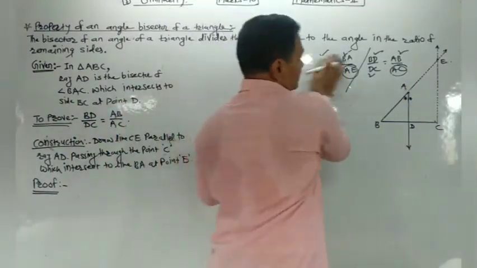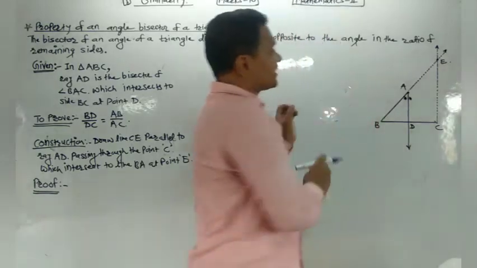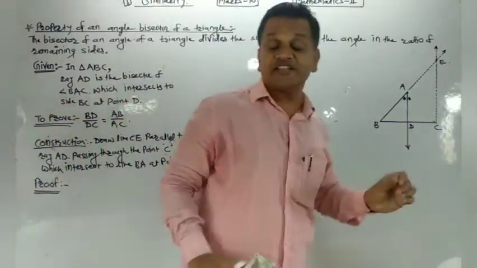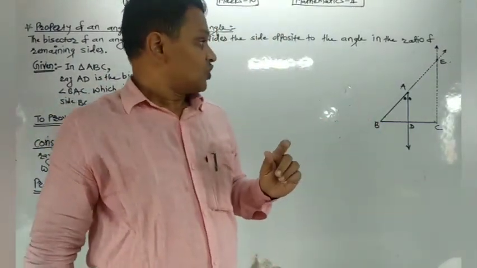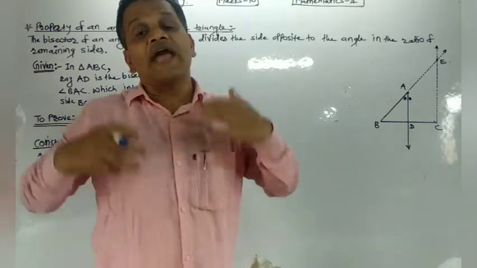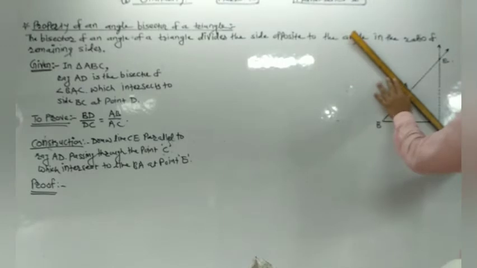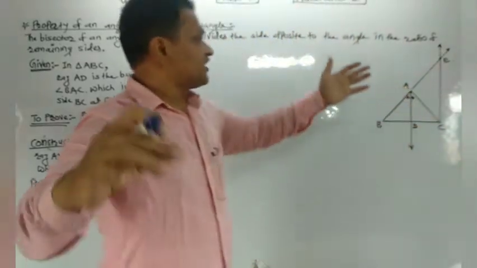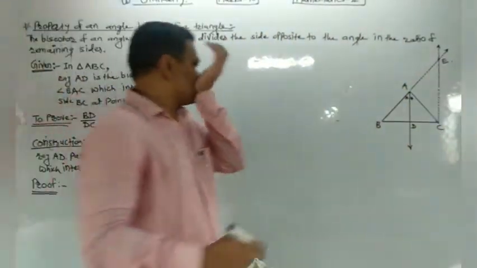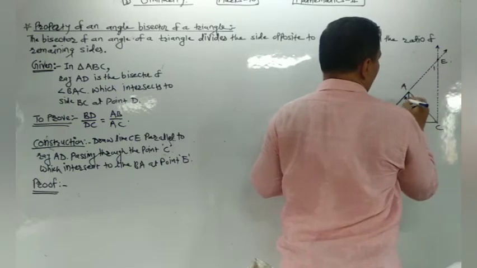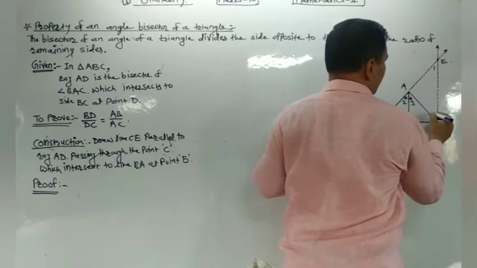To show that AE and AC segments are congruent, we must show that the angles opposite to them are congruent. Here segment AC was here. If we number these angles, we get angle 1, angle 2, angle 3, angle 4.